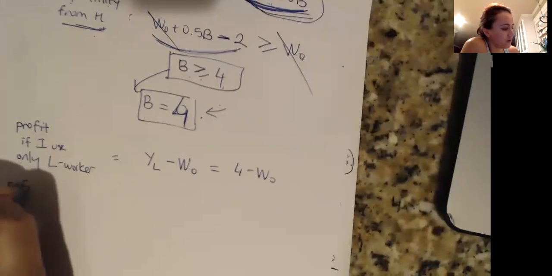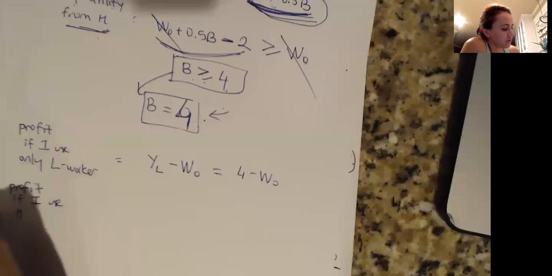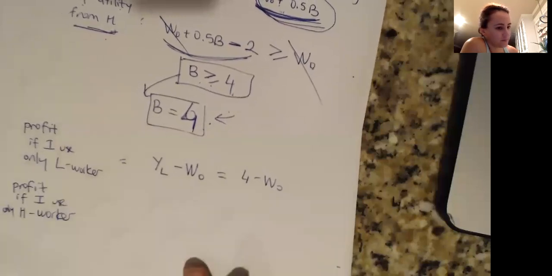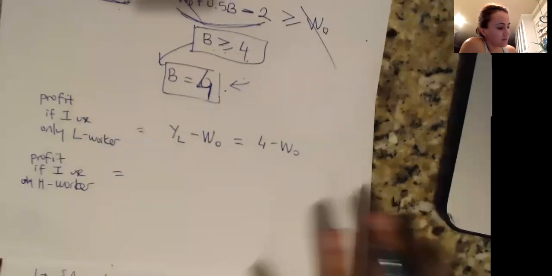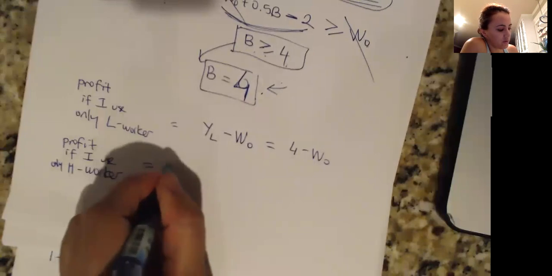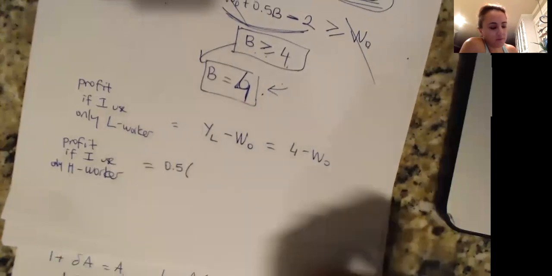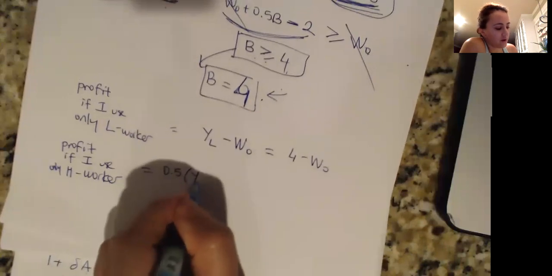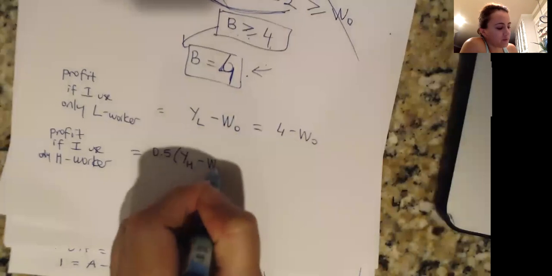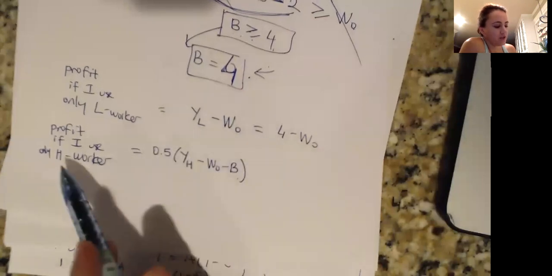What if I use an H worker? With 50% probability, my output is going to be high, but I'm going to pay W0 and B to my H worker.